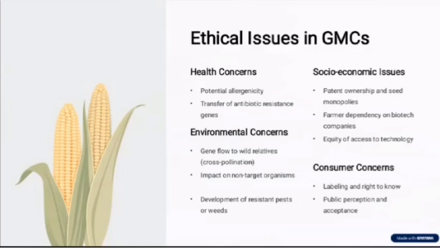Another second column is what? Gene flow to wide relative, and explain this under cross pollination. Impact on non-target organisms. Development of resistant pests or weeds. These can be issues that can arise from what?